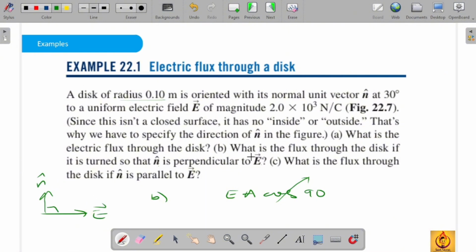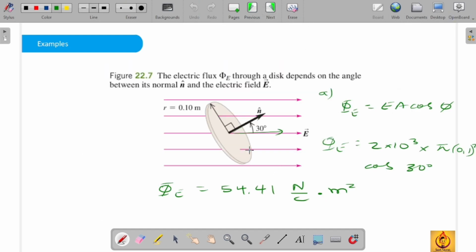They want you to be confused by the perpendicular. They might say such that the electric field is perpendicular to the disk. Yeah, the electric field is perpendicular to the disk. And you'll think it's 0 in that case.